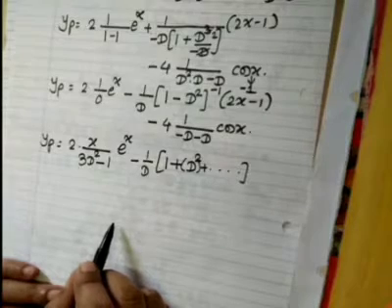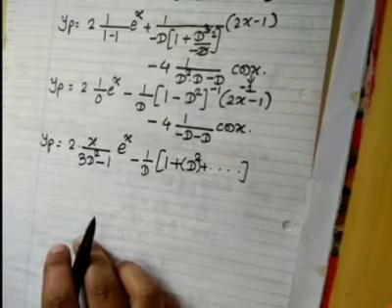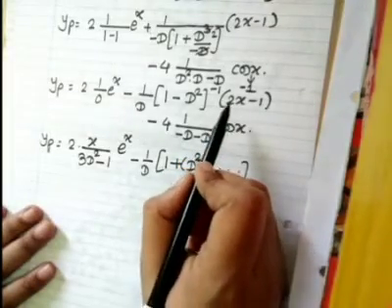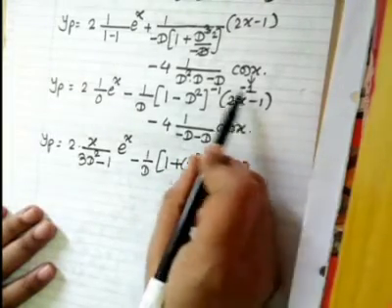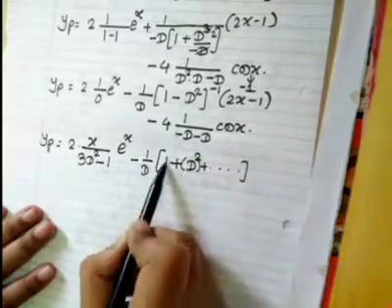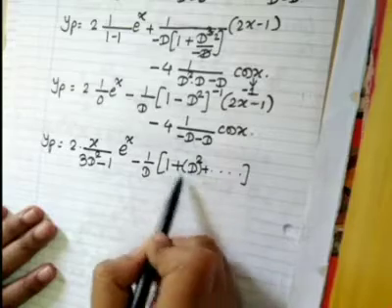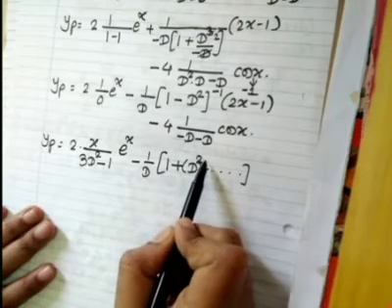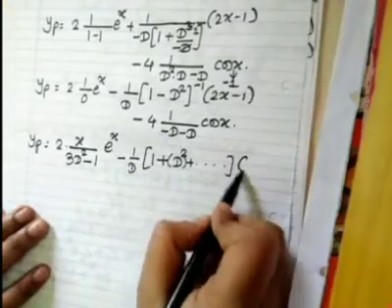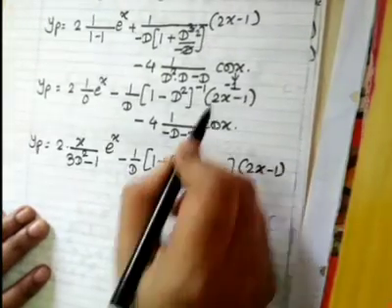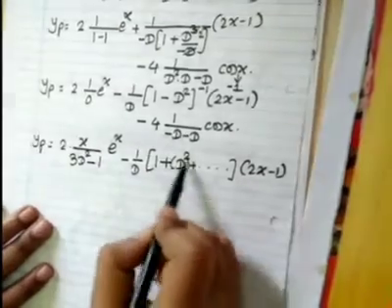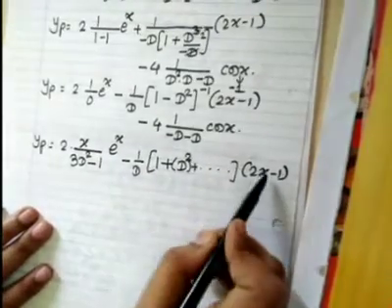Why is that? Yes, the power of the polynomial. Our polynomial is 2x minus 1, where the power of the polynomial is 1. So we just write 1 plus whatever it is, power 1. We will not write square or cube again, no need. Whatever is the power of the polynomial, we write up to that power of x only. So here it is 1, here it is 1, enough.